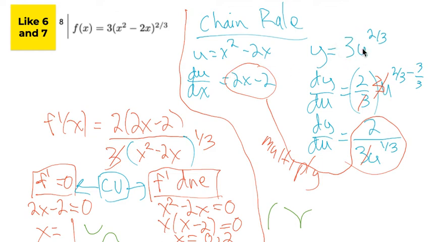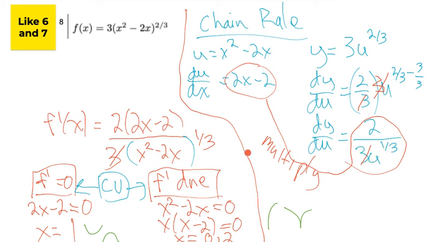What I forgot to do with that 3 is put it in front of the u, which I should have left there, right? It's a coefficient, it stays. So anyway, I went through that and I made sure there was no effect at all on the solution. So that 3 is not there though, right? Because 3 divided by 3 is 1. Okay, so there's our dy by du: 2 over 3u to the 1/3.